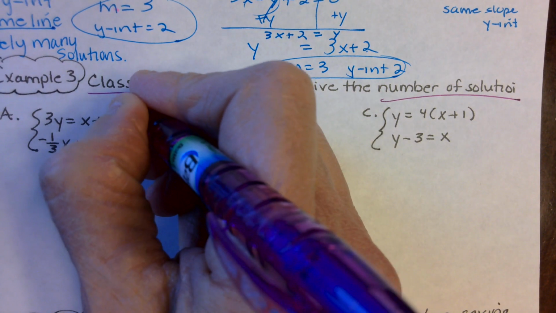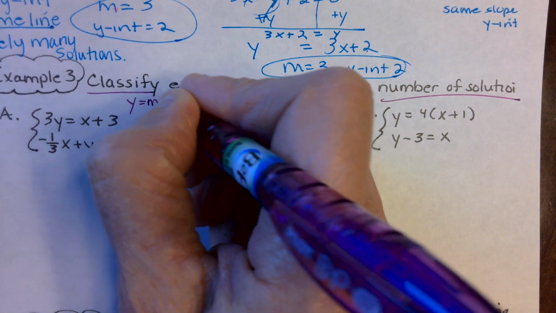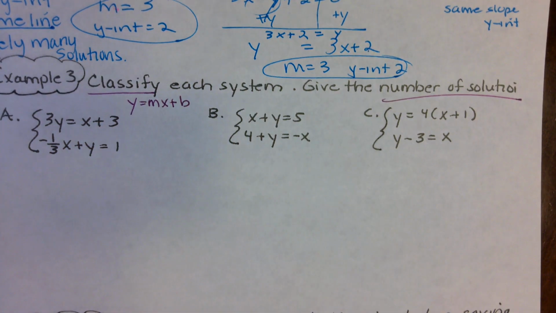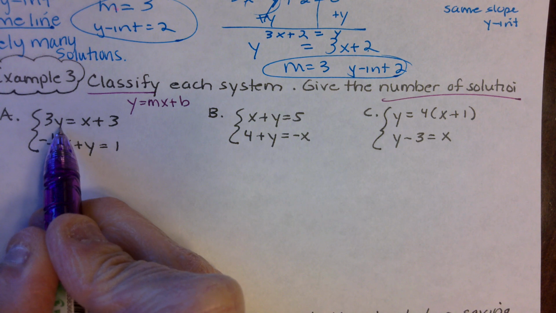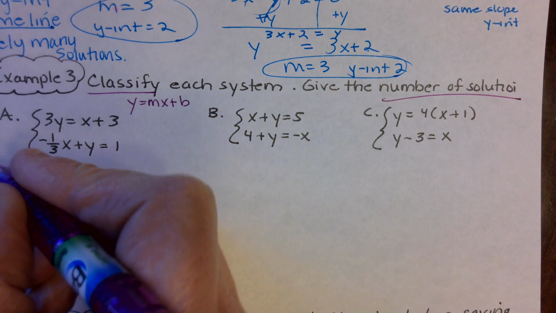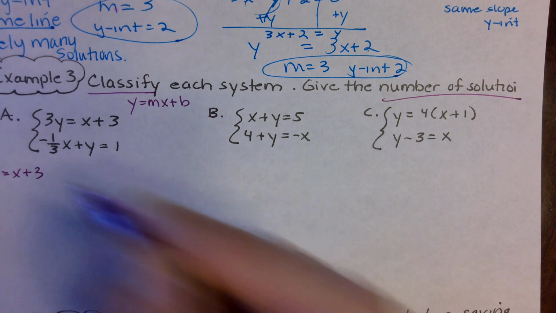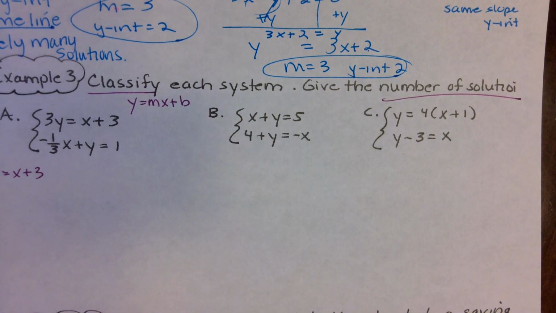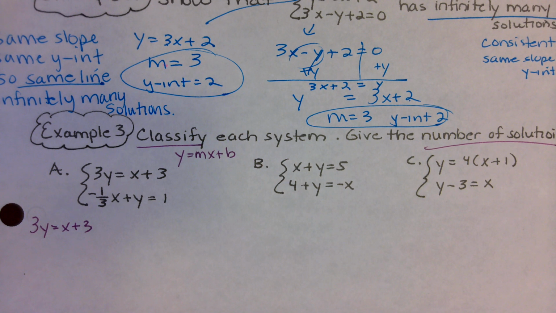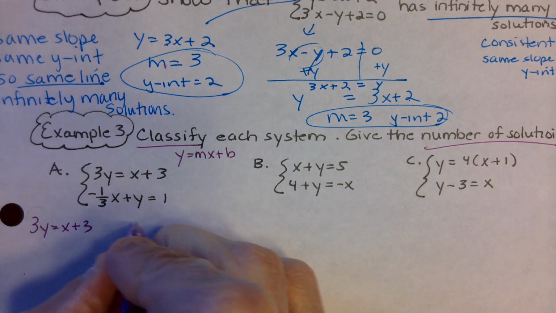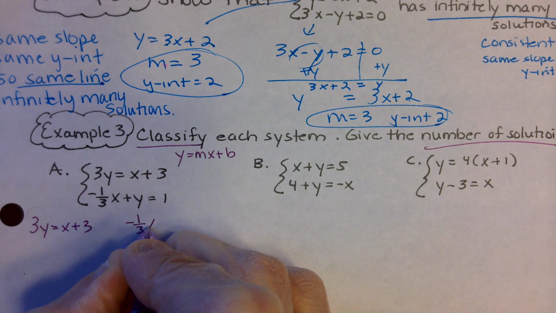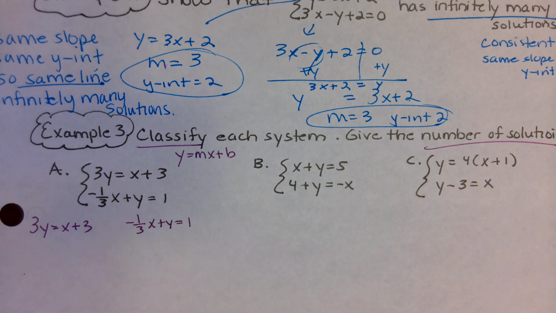So I'm just going to put that up here, y equals mx plus b. So we'll do the first one here. I'm going to just rewrite each equation side by side so you have it real clear. And then negative 1/3 x plus y equals 1.